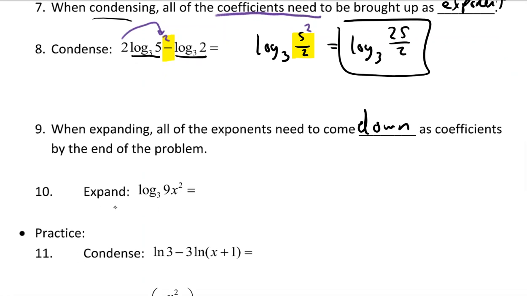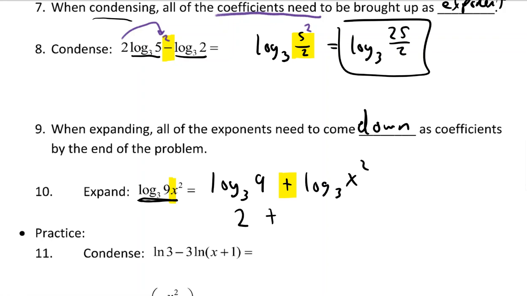So what I mean by that is, if I ask you to expand this, I'd hope you would do log base 3 of 9 plus log base 3 of x squared. This was 9 times x squared, so they get expanded with addition. I would hope that you would just rewrite this as 2. Anything that comes out to a nice whole number, you should just do it.